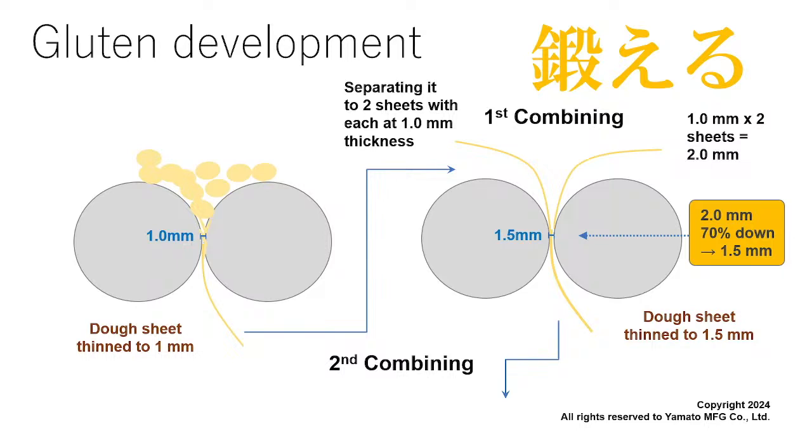This combining process is very important in building strong, firm dough. The roller gap we set depends on the hydration level we talked about. In this example, it's 1 millimeter for the initial rough forming process, and this is for low hydration noodles. The higher the hydration, the bigger the roller gap gets.